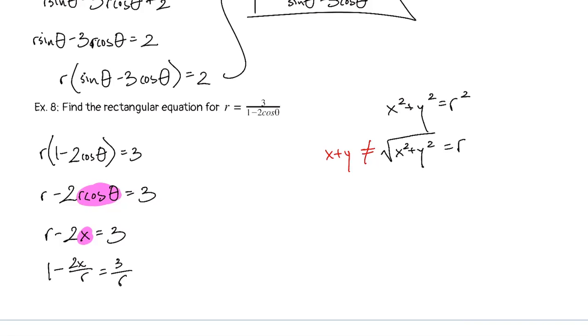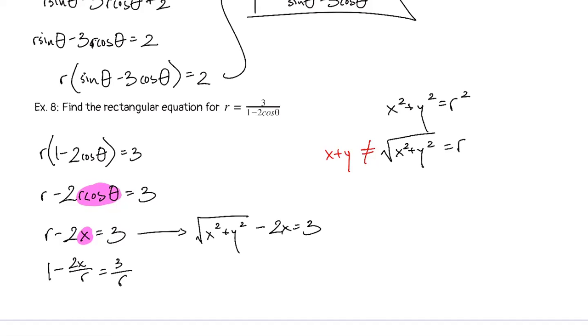However, I love what you were thinking in that you had an r squared, so if you had the r, you could just plug that in. That part of the thinking is great, okay? So let's go back to this one. Everywhere I see an r, I'm going to put the square root of x squared plus y squared. And then now I have the rest of it.